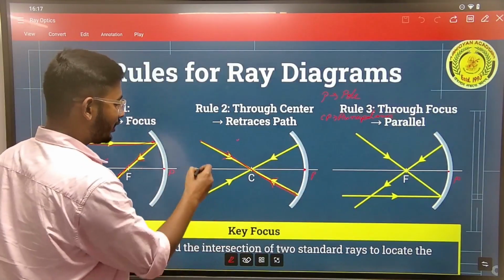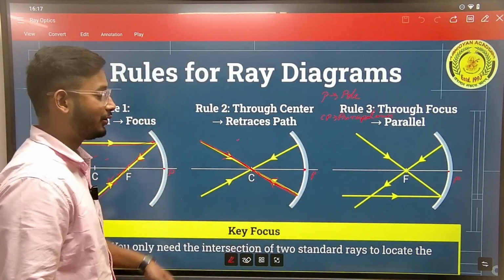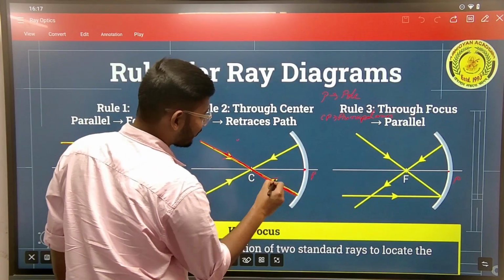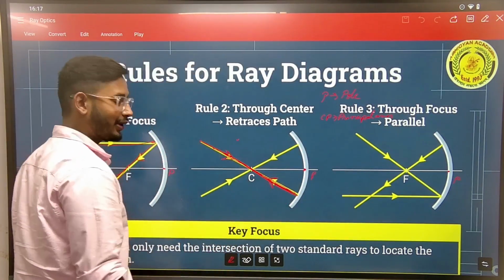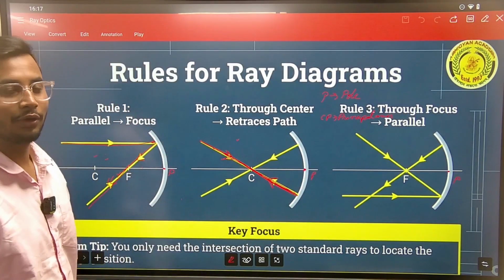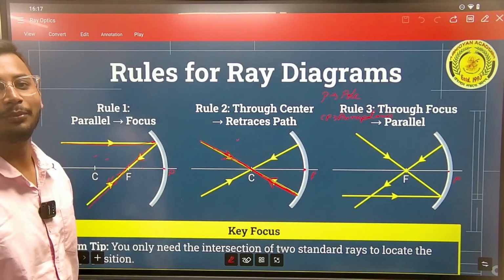While the incident ray is going through C, the reflected ray also goes through the center of curvature. That means it follows the same path.